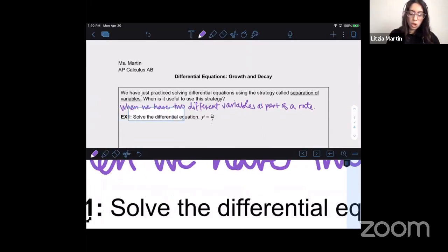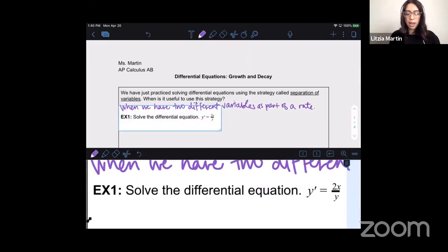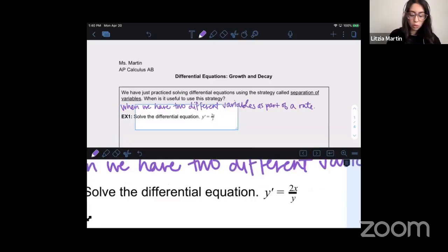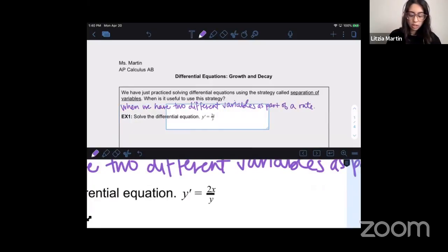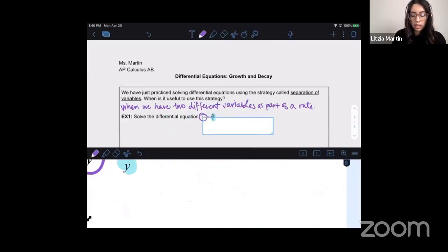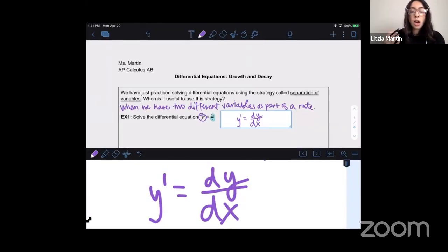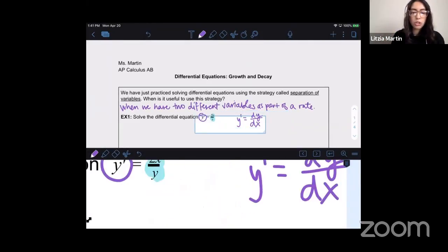Okay. So for example here, we have y prime is equal to 2x divided by y. So y prime means that this equation on this side represents a rate because y prime is a rate of change. And so what I like to do is change the notation. Y prime is the same thing as dy over dx because we see the function here 2x over y.